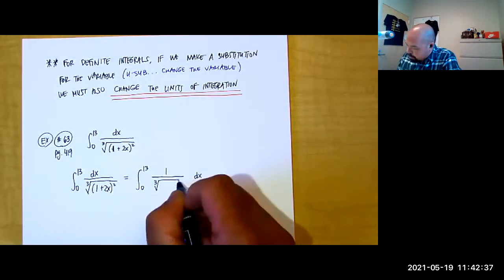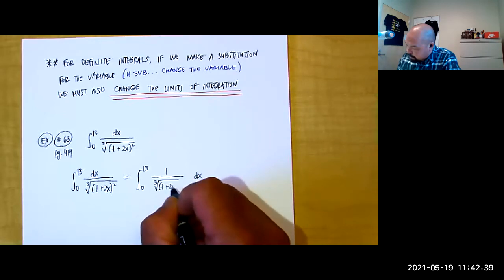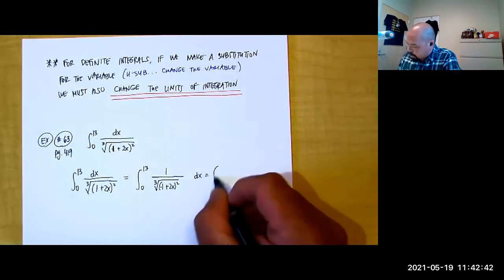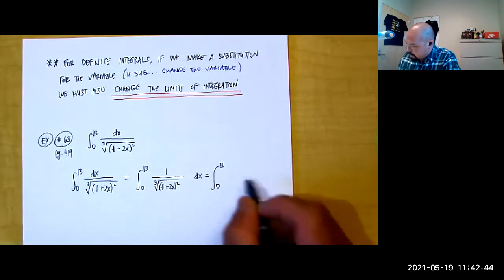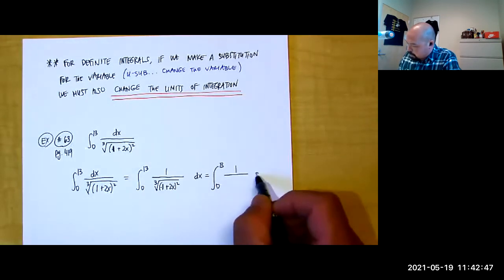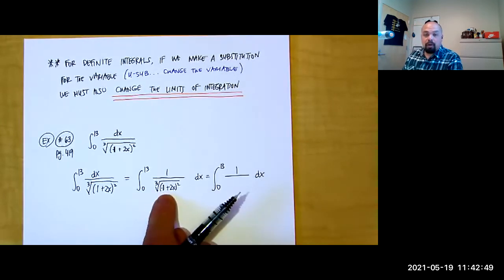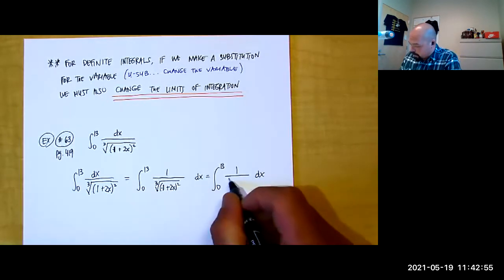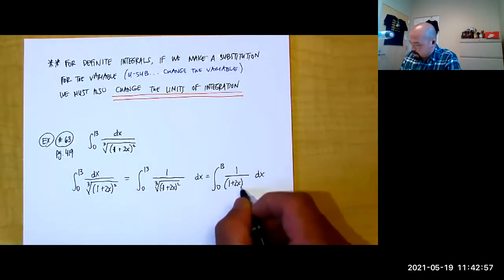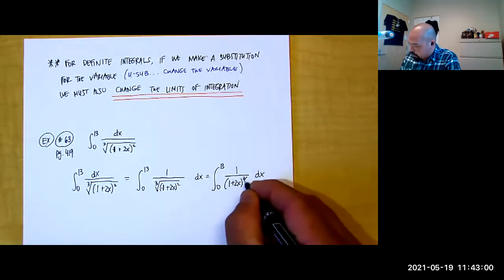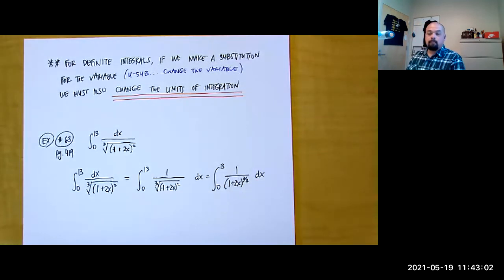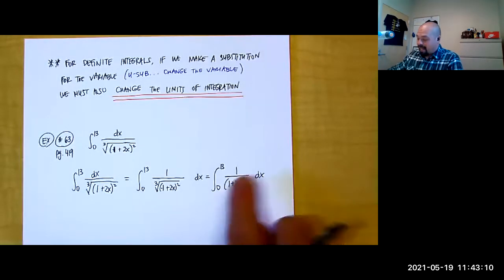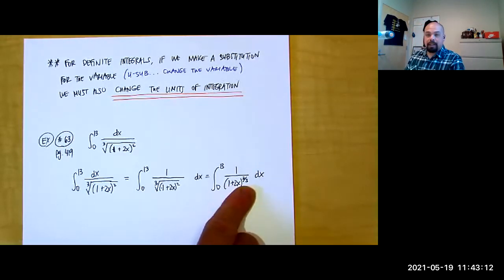And we saw that cube root of 1 plus 2x squared, the index of a radical, I can make this 1 plus 2x to the power 2 thirds. Okay? But I can't distribute that 2 thirds in. I can't separate that addition.